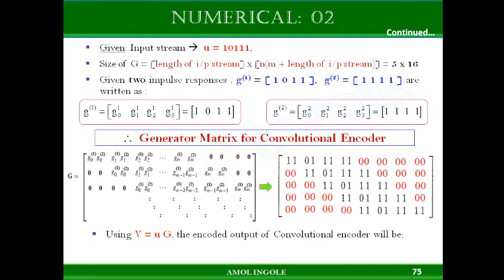The multiplication will be performed in modulo 2 arithmetic fashion, rows into columns.